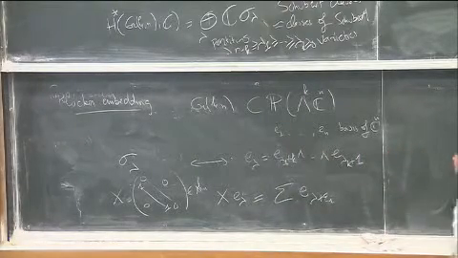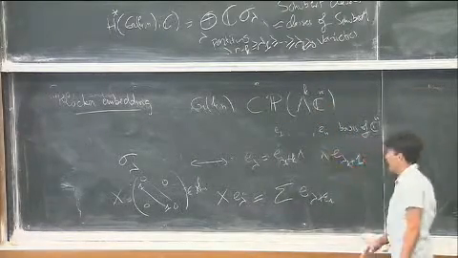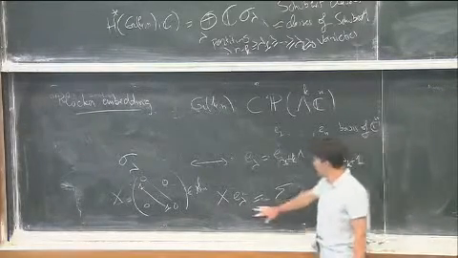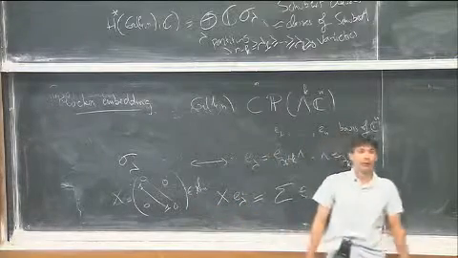This is an SL_n module, and you can rewrite the first Pieri formula as given by this action of this very simple operator x.